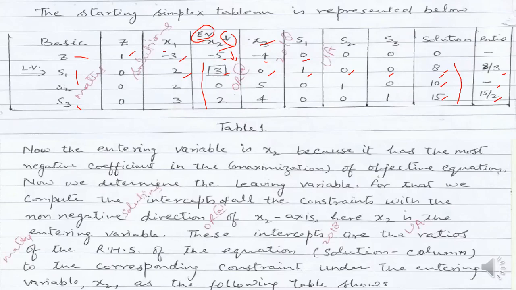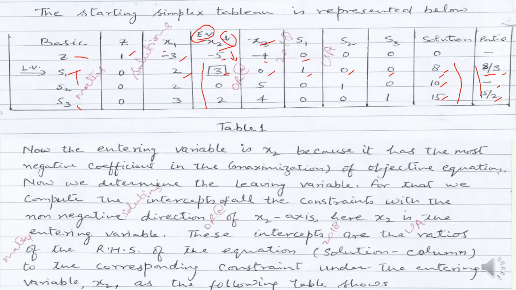And we will mark that variable as the leaving variable. So 8 upon 3 ratio is minimum in this column, and S1 becomes the leaving variable, which corresponds to the minimum ratio, that is 8 upon 3.